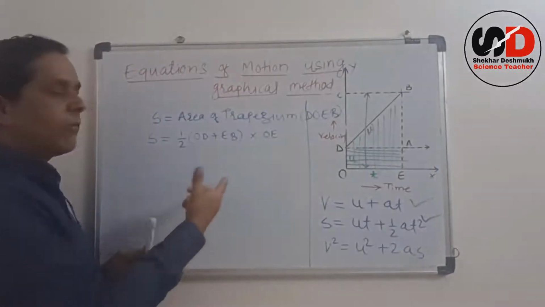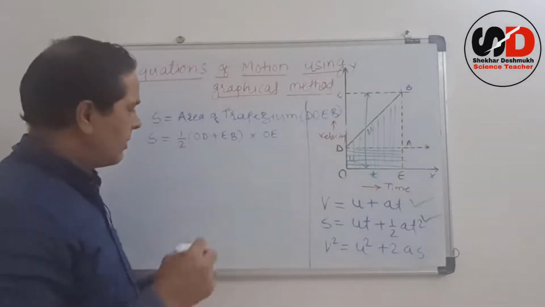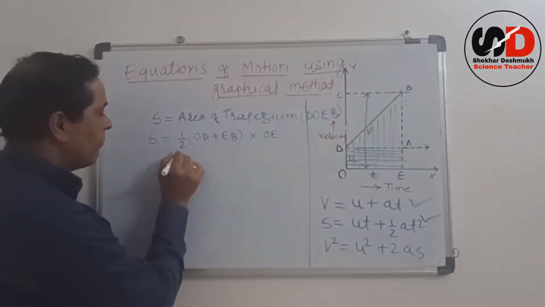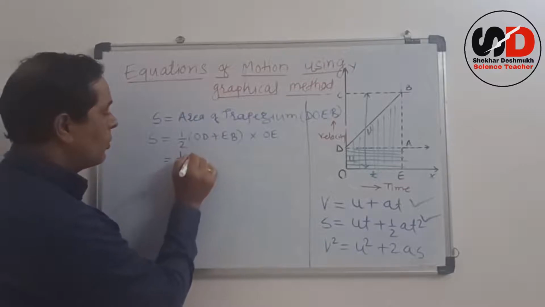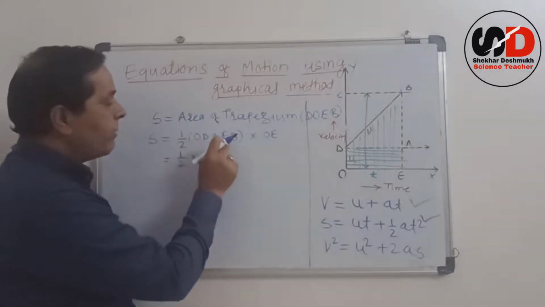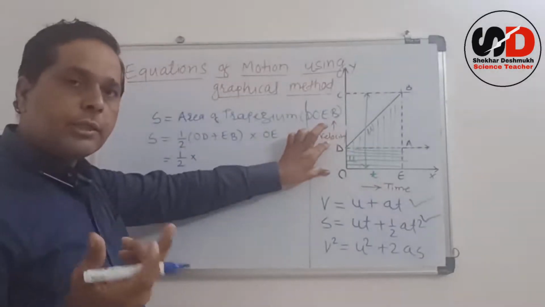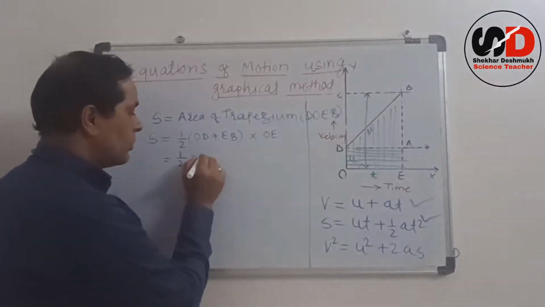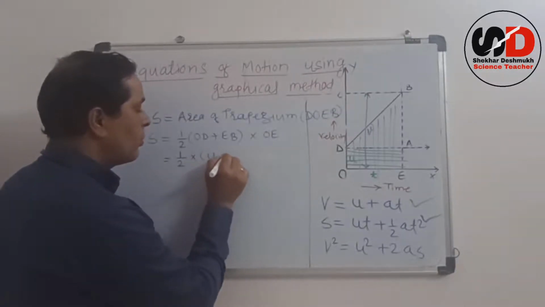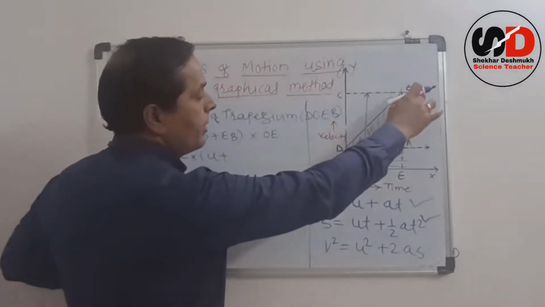Now put the values here. So it is 1/2 into OD plus EB. What is OD? OD is the initial velocity U. So here it is U plus EB.